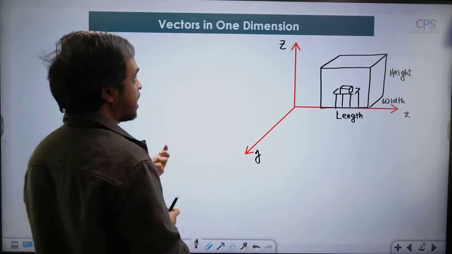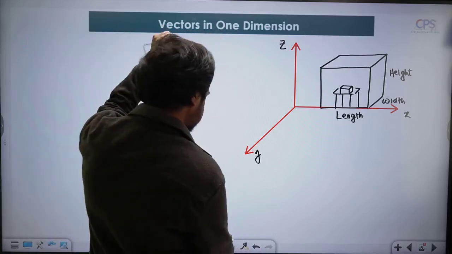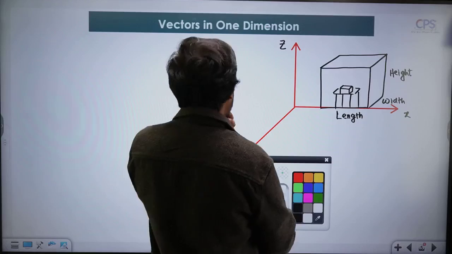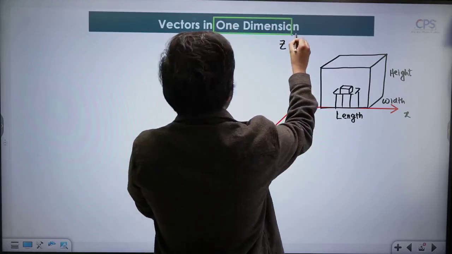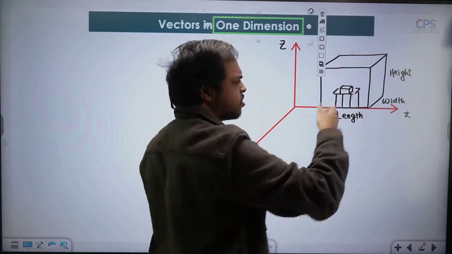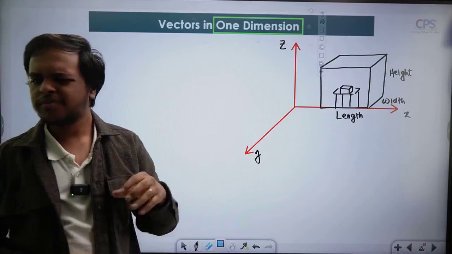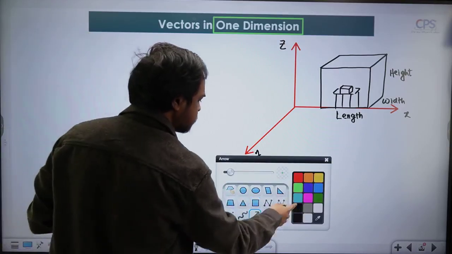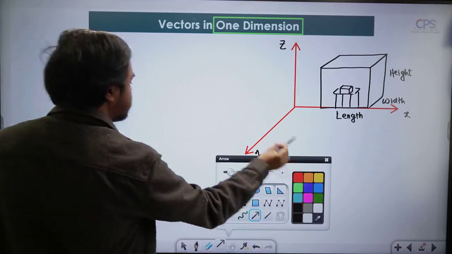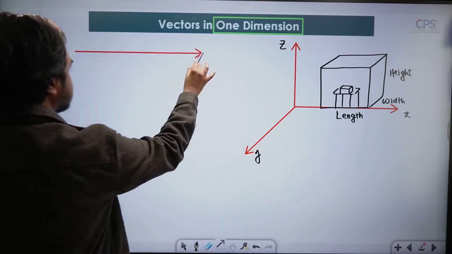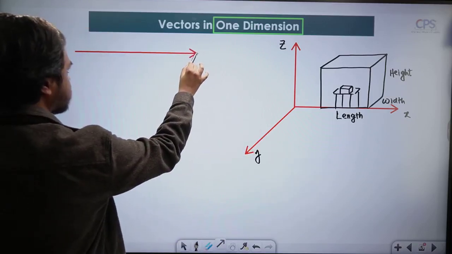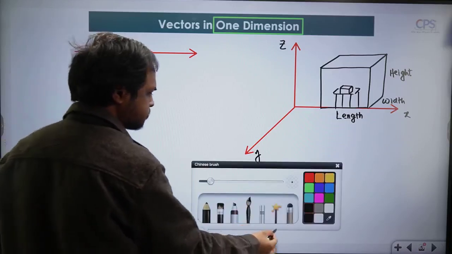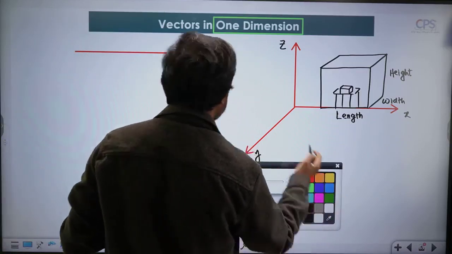Now, what we are studying right now is one dimension, so either the x dimension, y dimension, or z dimension. For simplification, let's study the x dimension. So we will be studying a vector in one dimension. This is x.